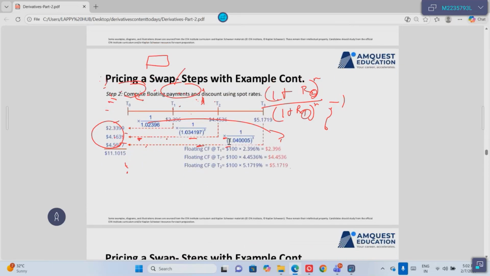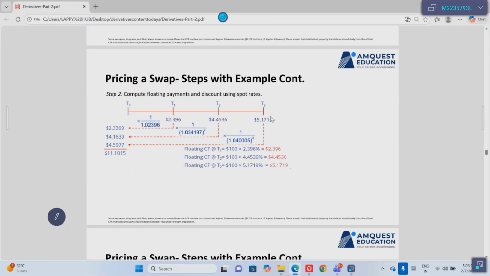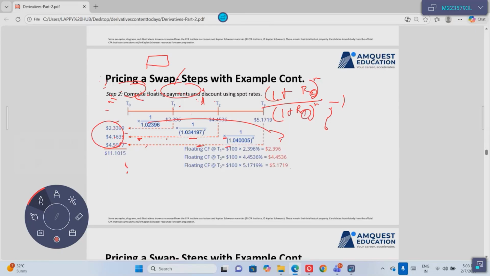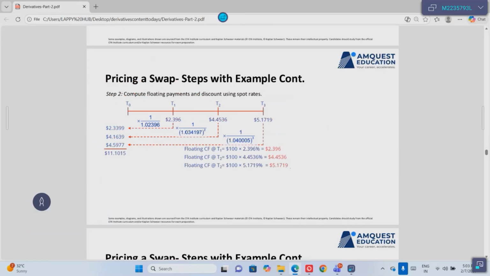Okay, now if you remember, I'm getting the rates that were given to you for the floating period. Okay, so remember the rate was 1.02396, right? So I'm going to earn this interest in the first year, this much in the next year.